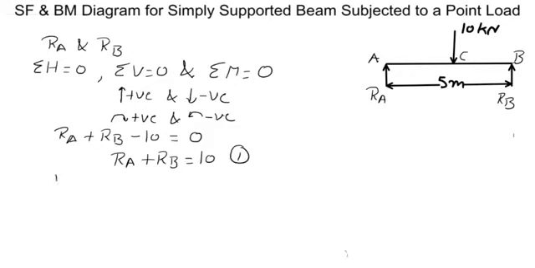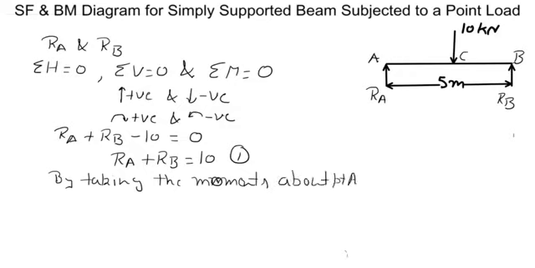So by taking the moments about point A. So consider A as a center, and due to 10 kilonewton, 10 kilonewton is at a distance of 2.5 meter. It tends to rotate the beam in clockwise direction, so it is positive.